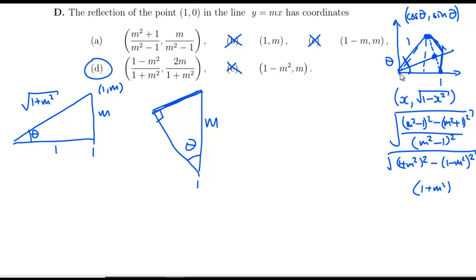So we've scaled this triangle. It's a similar triangle, but we've now scaled the sides, haven't we? So what was a 1 on this original triangle, the side next to the angle theta, has now been scaled, so that is going to be m over the square root of 1 plus m squared, because that's the same scale factor as we got on the hypotenuse.